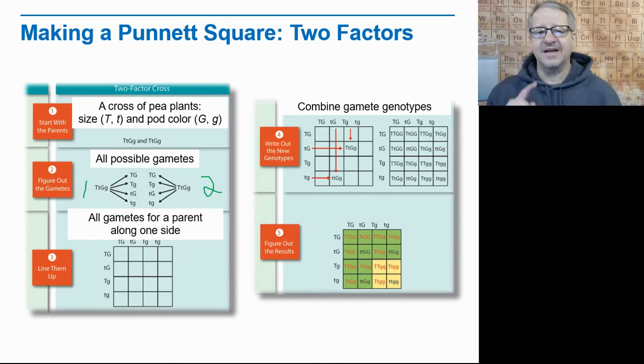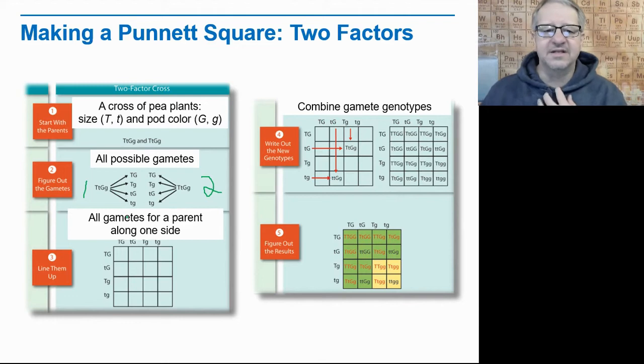So each gamete has to get an allele for size in this case and pod color. So we have to have one T and one G in each of the gametes. So what are the possible combinations that we could get here? We're going to get into a discussion here shortly about independent assortment. And that's really what's going on here.